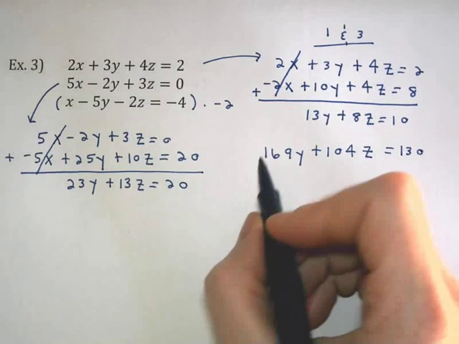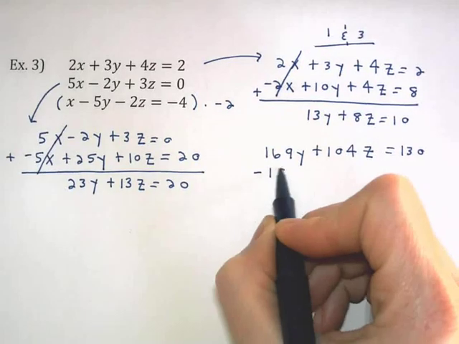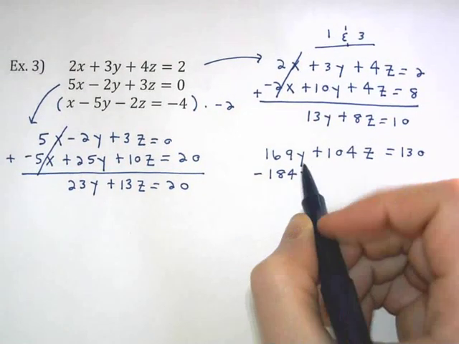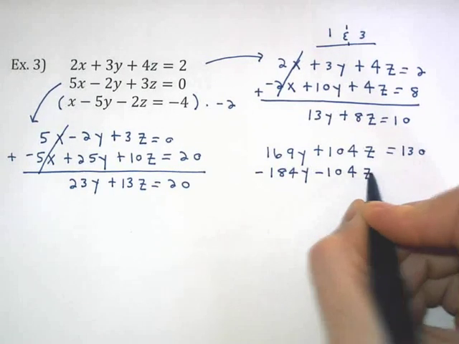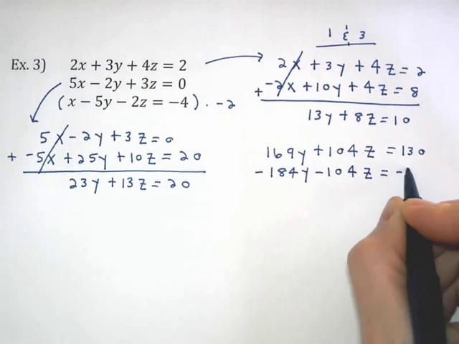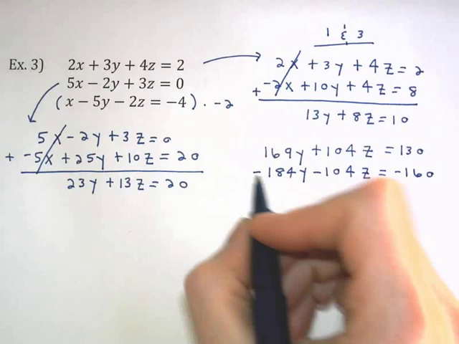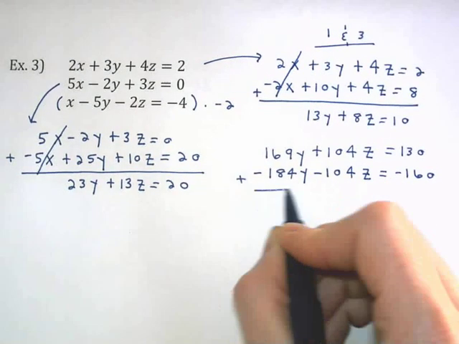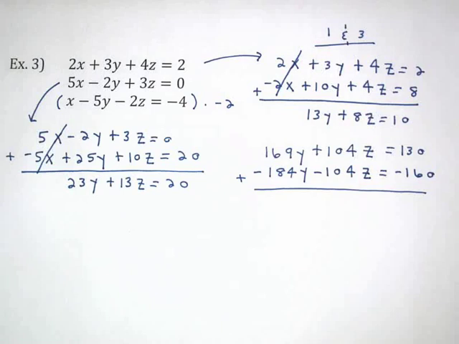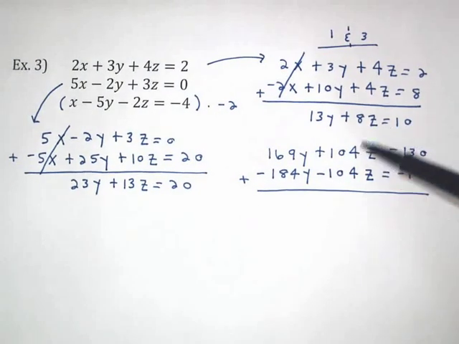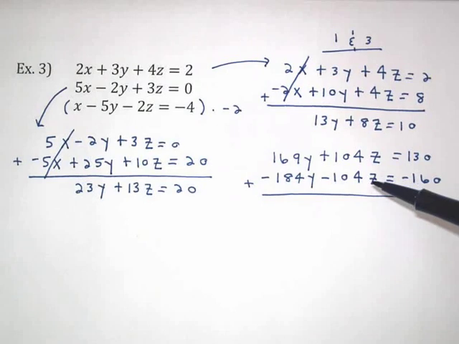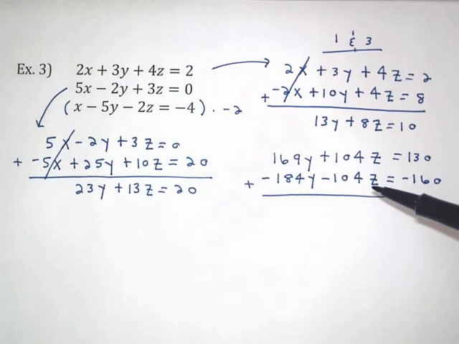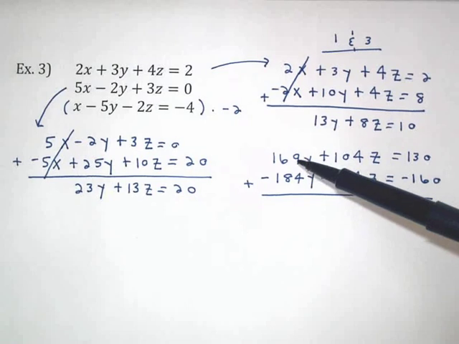Now if I multiply this entire equation by -8, what I end up with is negative 184y minus 104z, so those are the opposites, and it equals negative 160. So again, not as nice and neat as the other examples just because we had to multiply by fairly large numbers here to create opposites.